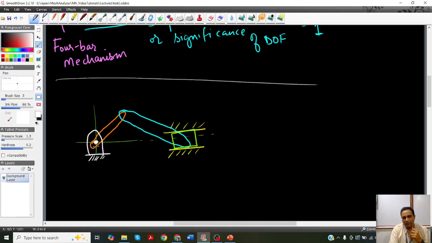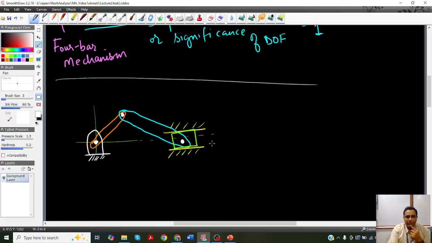With respect to the ground, I have a revolute joint. Similarly, there is a revolute joint between the orange and the blue link. There is a revolute joint between the blue and the green. So that means the slider can move, and this is a revolute joint.